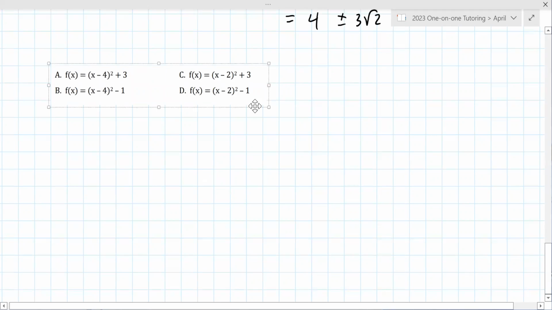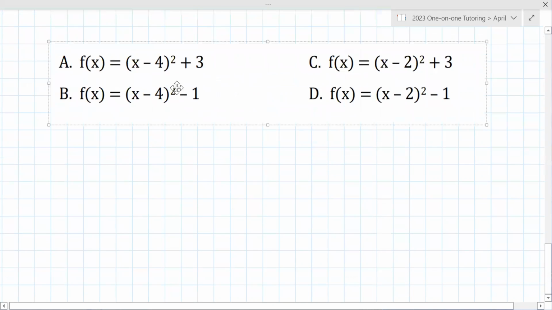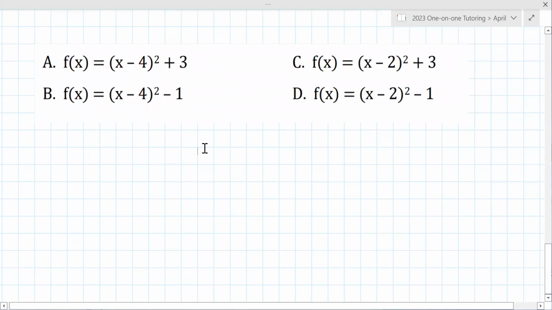Okay. So next grouping of problems here, I've got 4 different quadratics. And we're going to look just at A for the moment. The vertex of A, I'm going to put here to the right. The vertex of A is 4, 3.